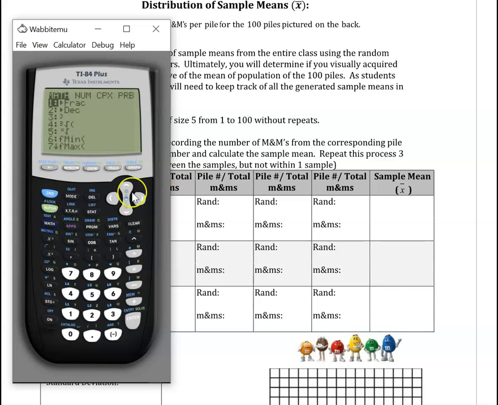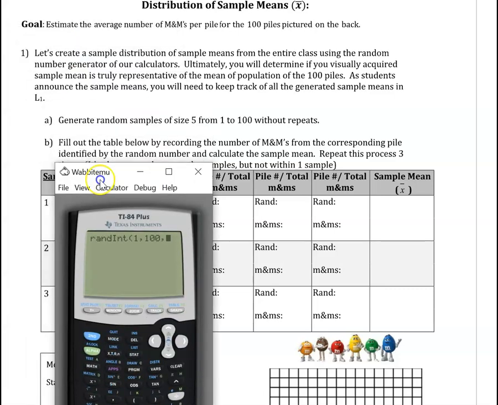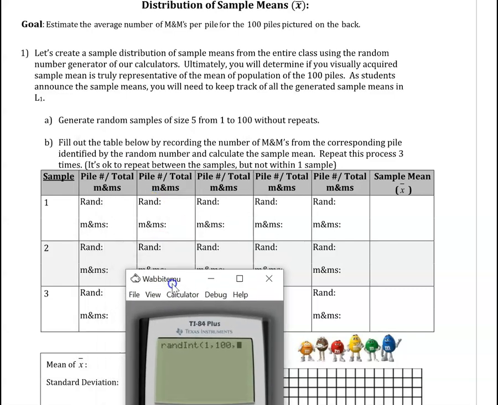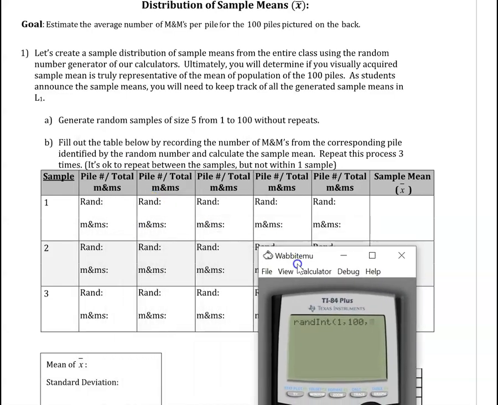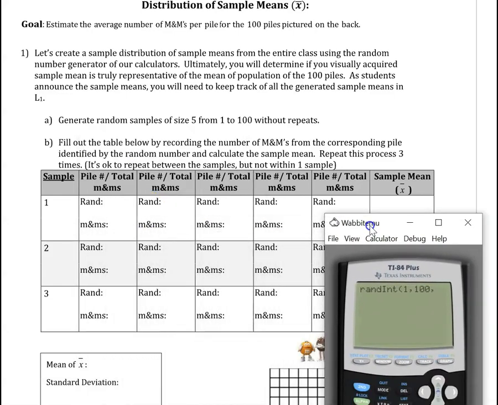If I go to math, probability, randInt. Okay, now mine isn't prompting me, but some of you guys will have a prompt. My low number for M&Ms I would pick is 1. The high number is 100. And then per one of these samples, I'm going to generate 5 data points.